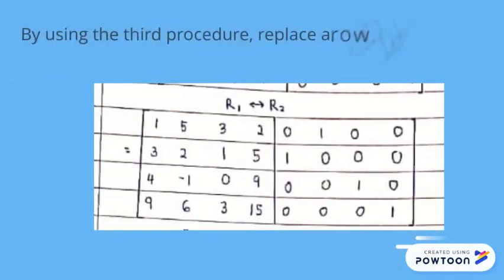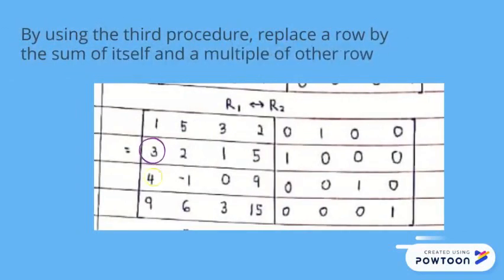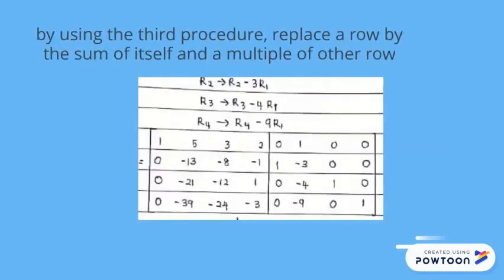Now we need to change the second, the third and the fourth entries in the first column into 0. As you can see in the diagram, we have already gained the first column, which is 1 0 0 0. So we need to proceed to the next step until the identity matrix appears on the left side.